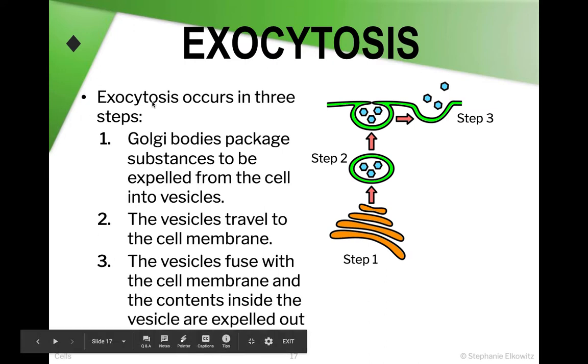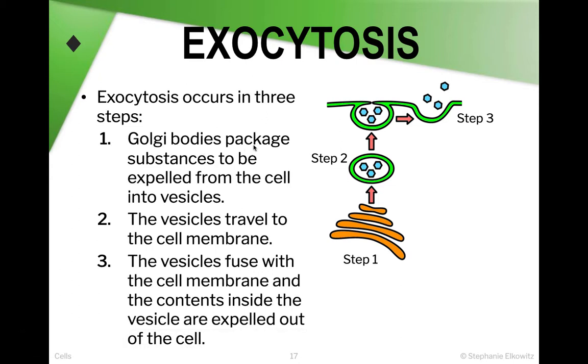Exocytosis occurs in 3 steps. Step number 1, the Golgi bodies package substances to be expelled or taken out from the cell into vesicles. So it packages what it's trying to send out into a vesicle, which is like a little bag. Then the vesicle travels to the cell membrane.